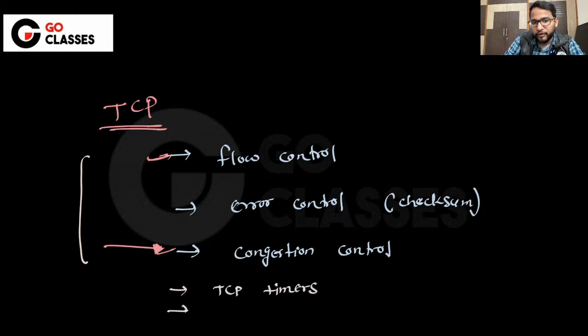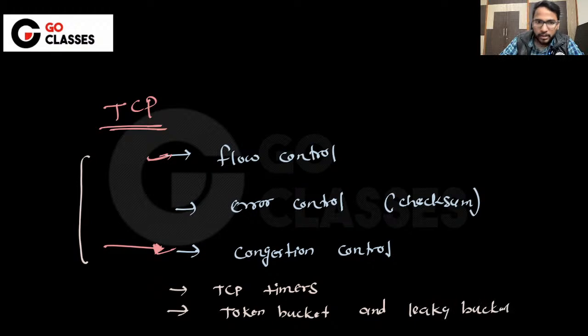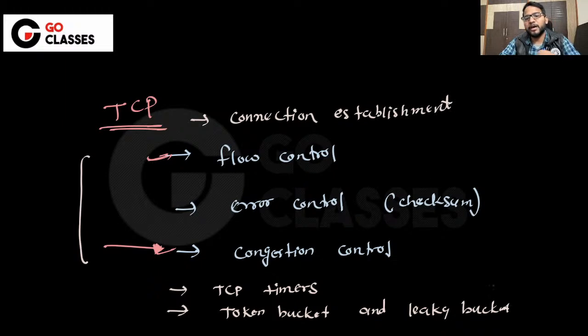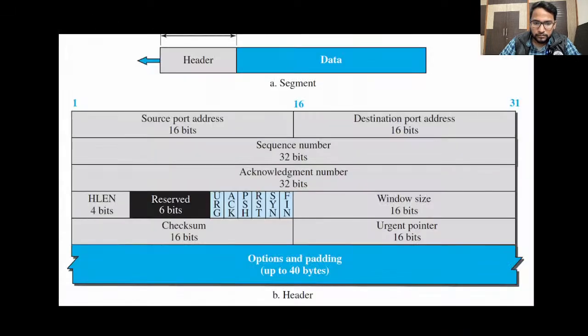And at the last, we will be talking about token bucket and leaky bucket. And obviously, we will be talking about the connection establishment and these things, right? So in TCP, we are going to discuss all of this. Let's just get started.